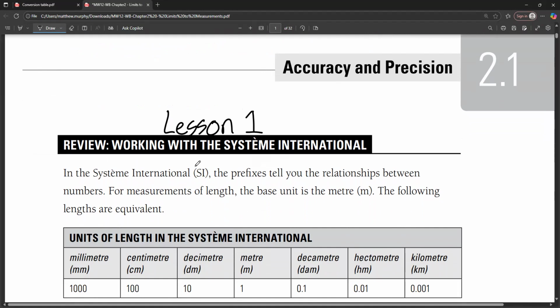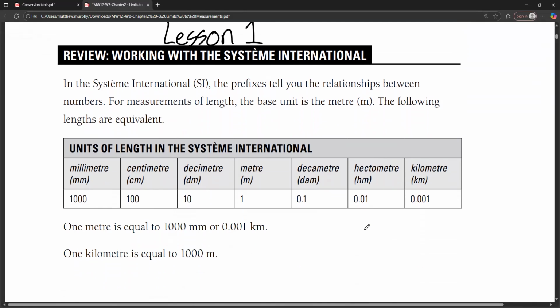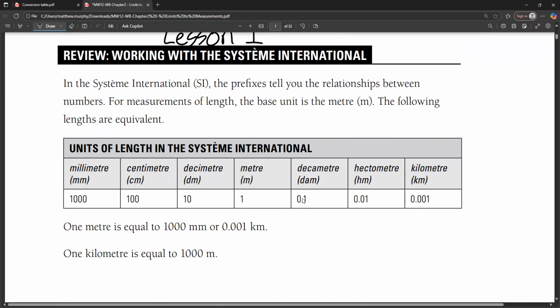So in the SI unit conversion system, the prefixes tell you the relationships between numbers. And for measurements of length, the base unit is meters. And the lengths in the following table are equivalents. So here's 1 meter. A decameter is 0.1 of a meter.